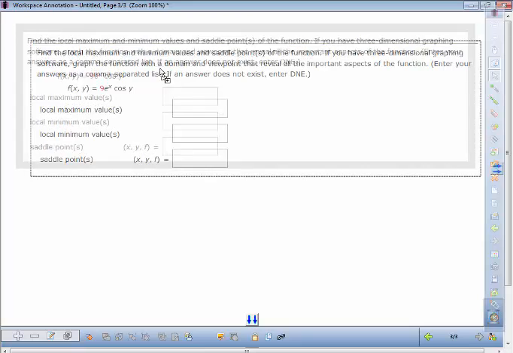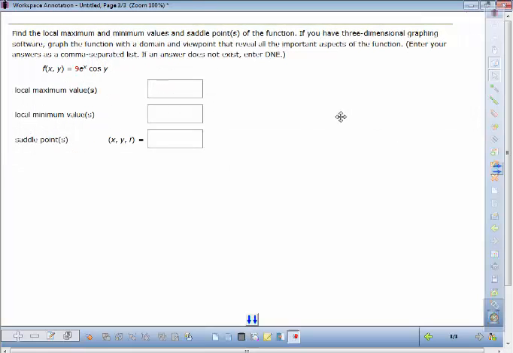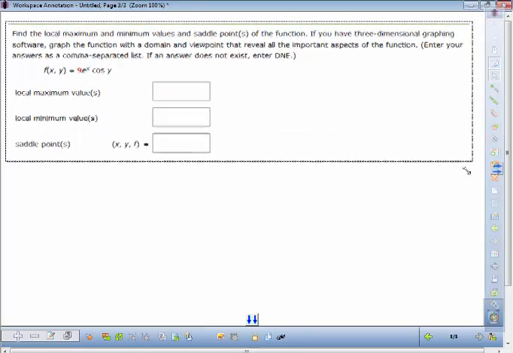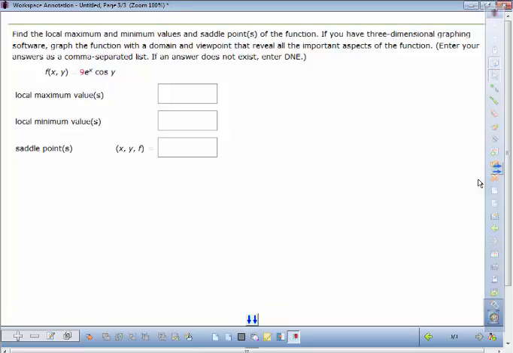Let's see if we can make sense out of this. So the function is this thing. We can skip the graph idea and then just go ahead and try to find the critical points.